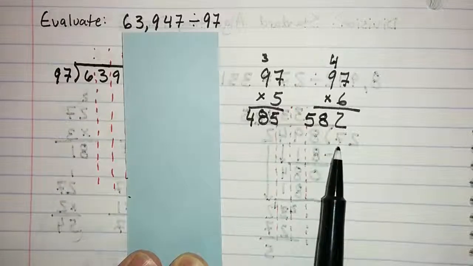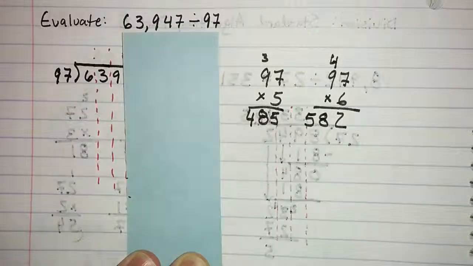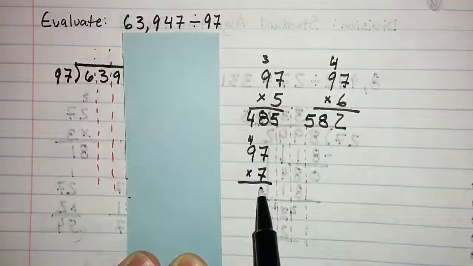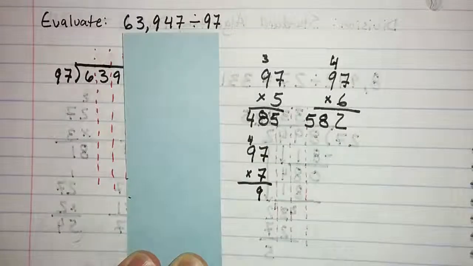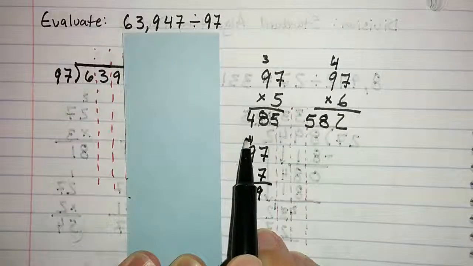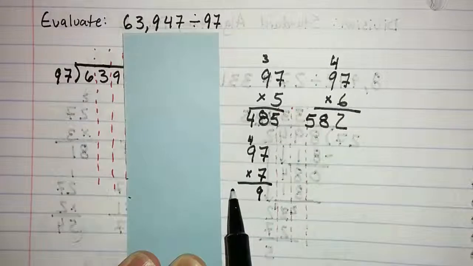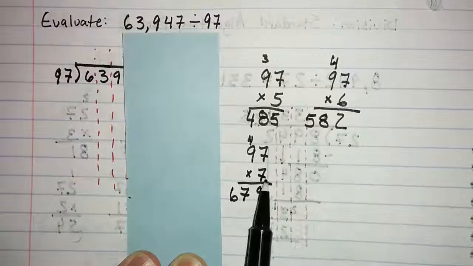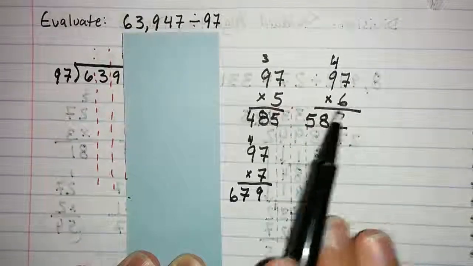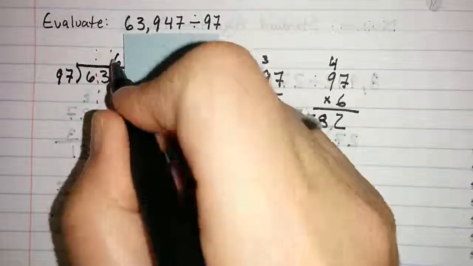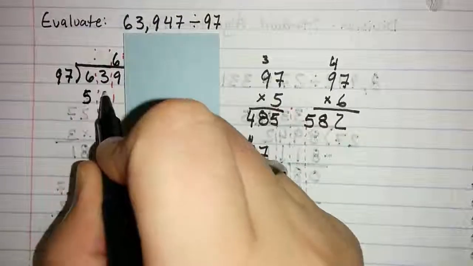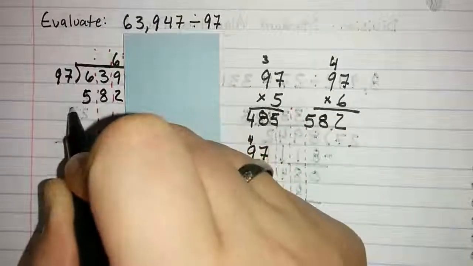I think that's going to work out, but just to make sure, I'm going to try 7 as well. 7 times 7 is 49. 7 times 9 is 63, 64, 65, 66, 67. Okay, yeah, 7 was too big. 6 was my right guess. 6 times 97 is 582.